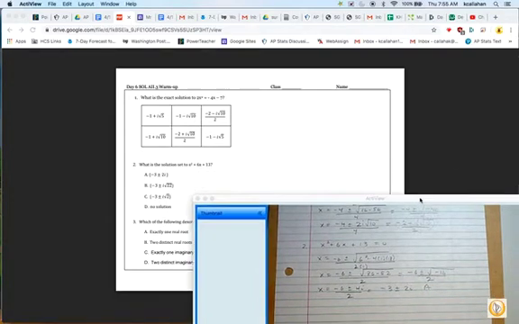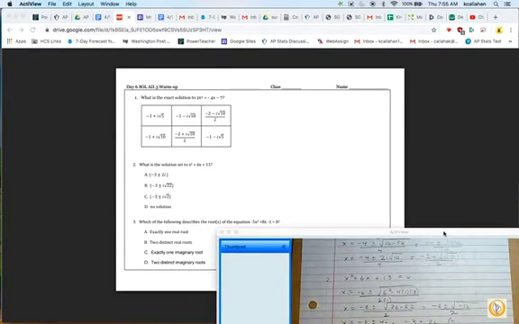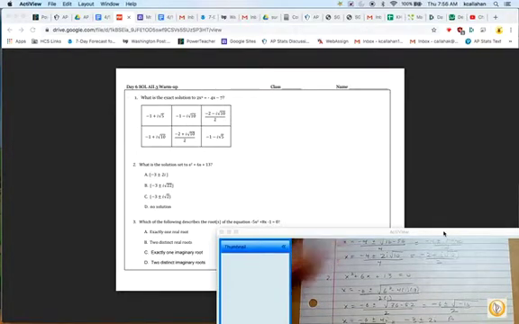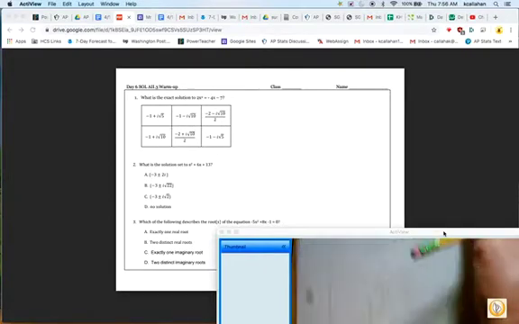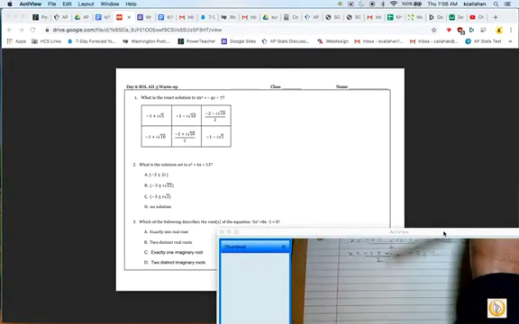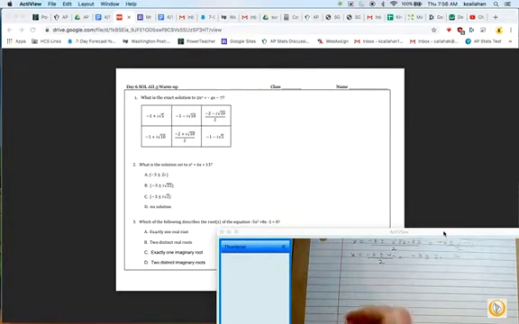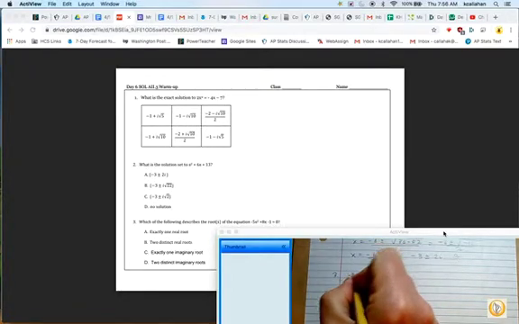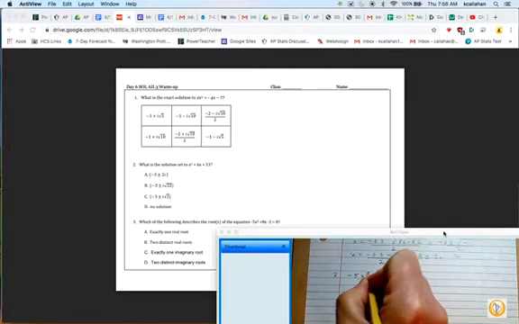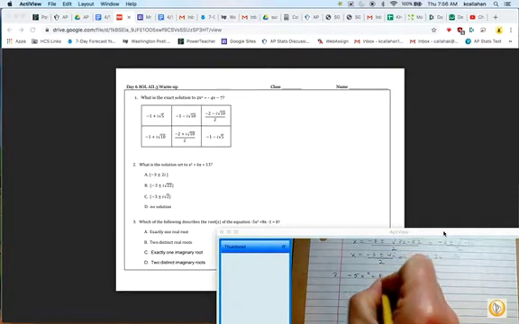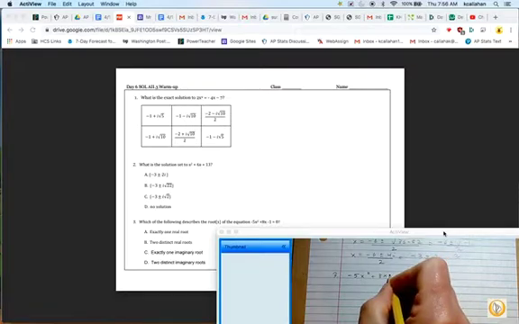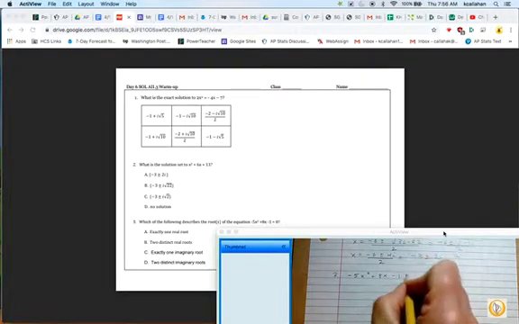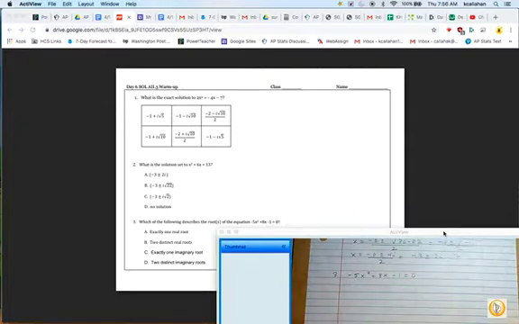And finally, which one of these describes the roots of the equation? Okay, that's another quadratic equation.